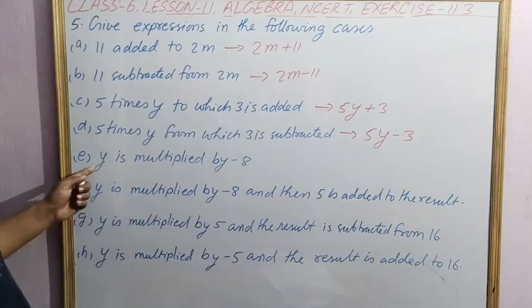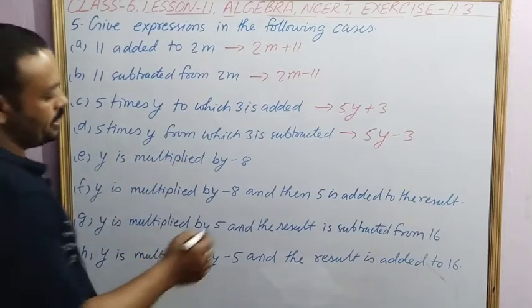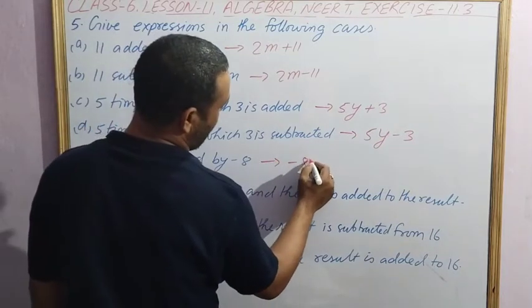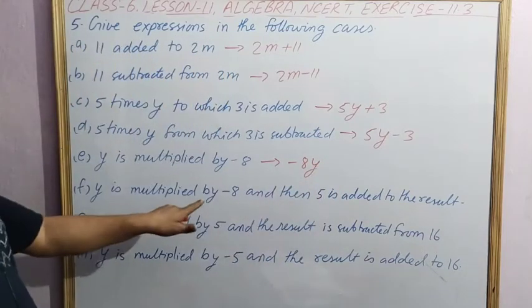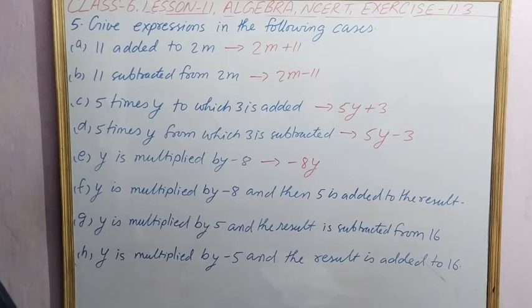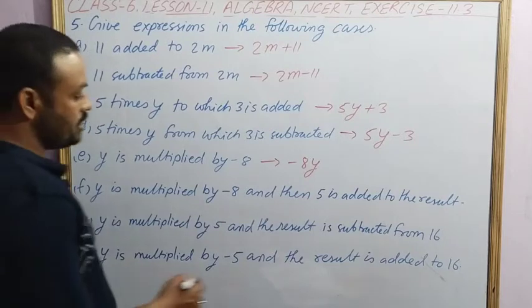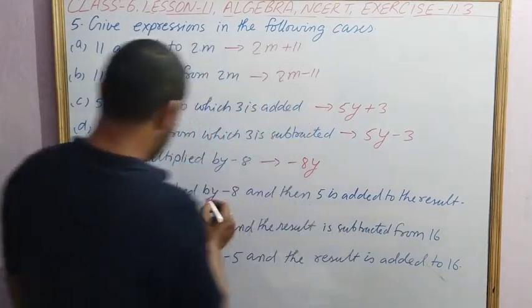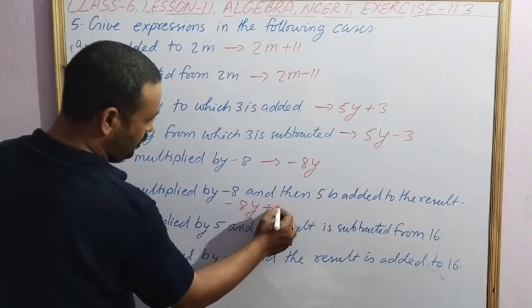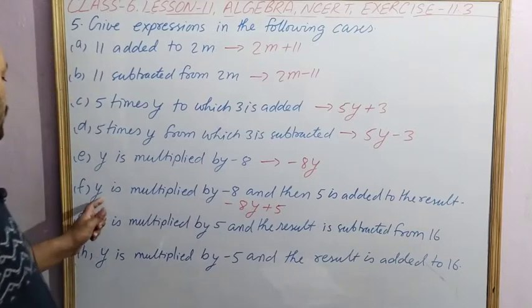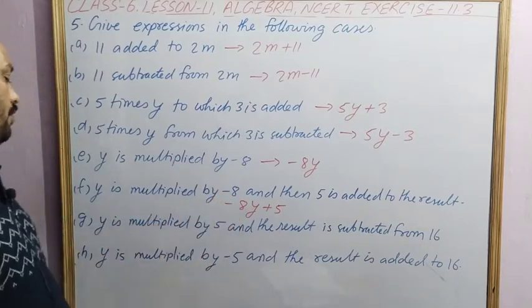Then E: y is multiplied by minus 8 means minus 8y. F: y is multiplied by minus 8 and then 5 is added to the result, which is minus 8y plus 5. First we have to multiply, then you have to add 5.